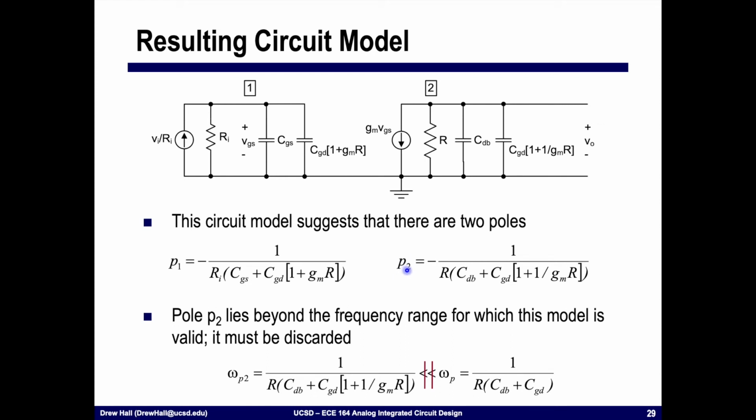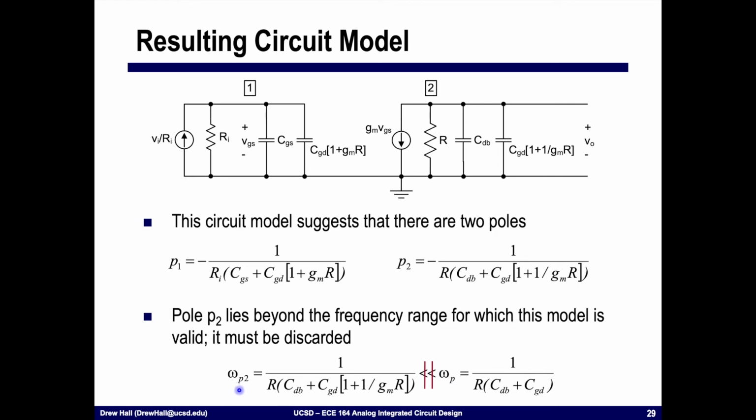Okay. And so if we look back at these expressions that I was talking about earlier, we do meet the criteria that omega P2 is beyond omega P1, okay? And so that means that when we're talking about omega P2, and I've used Miller's approximation, I cannot accurately calculate omega P2.